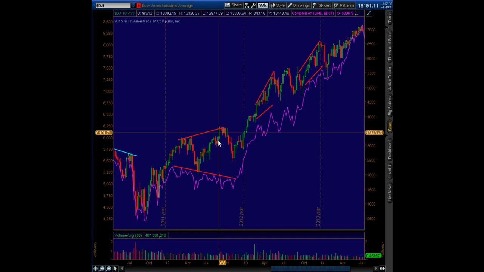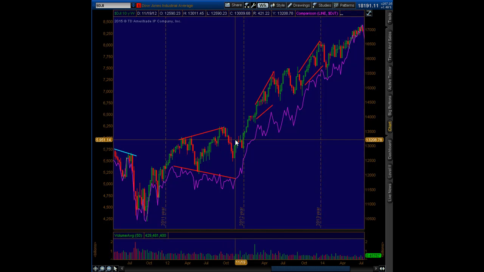You would definitely have seen this kind of weakness as it was coming down, even right around here. That would have saved you from 13208. Let's just be reasonable: 13208 to 12609, you're talking about roughly 600 to 800 points right there. That's a pretty good risk reward that you were taking, or somebody could have shorted it.